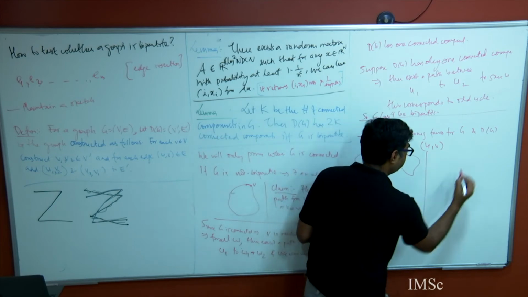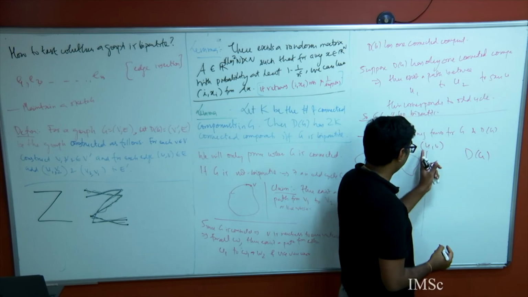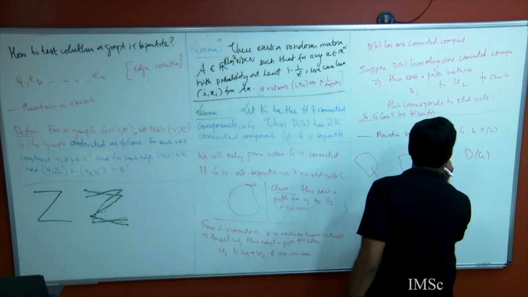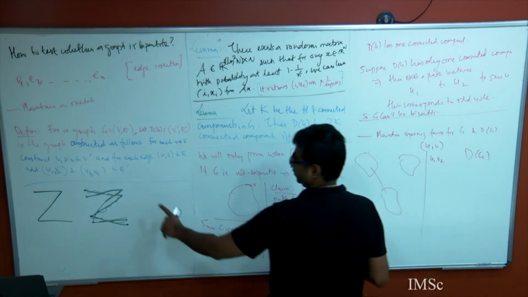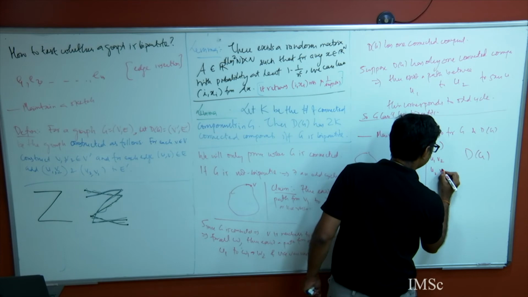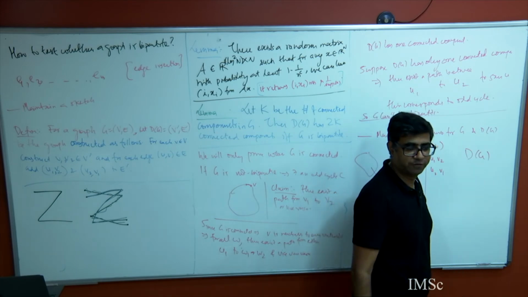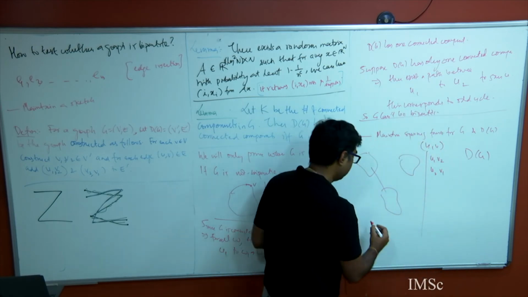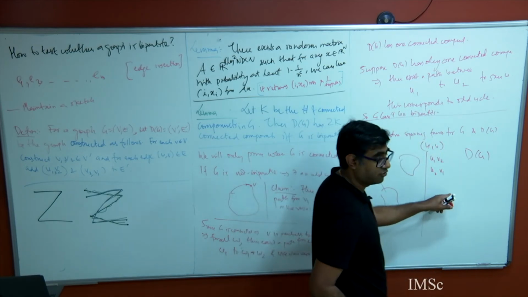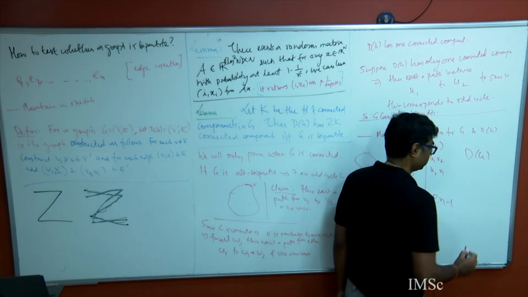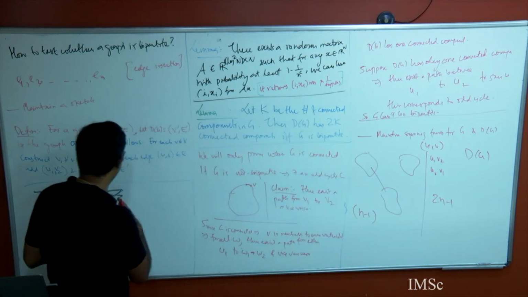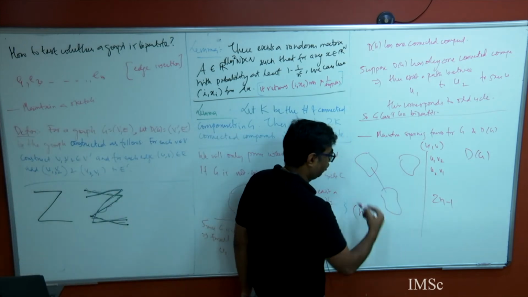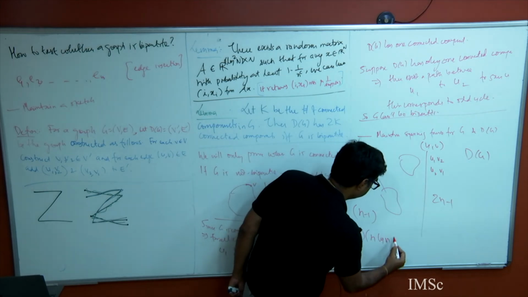And for D of G, I know UV corresponds, it's a local operation, to two edges: U1 V2 and U2 V1. If any of these edges goes between two different connected components, you keep it, otherwise you delete it. So how many edges would you have kept here? N minus 1. And here? 2n minus 1, because the number of nodes is just doubled. So I can maintain all of this in order n log n bits.